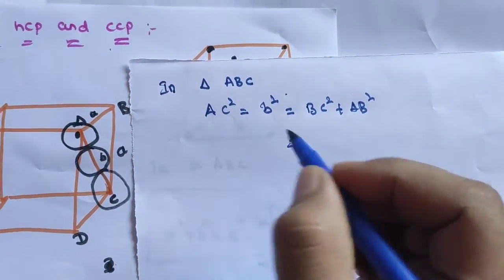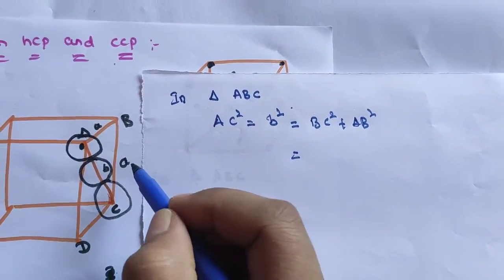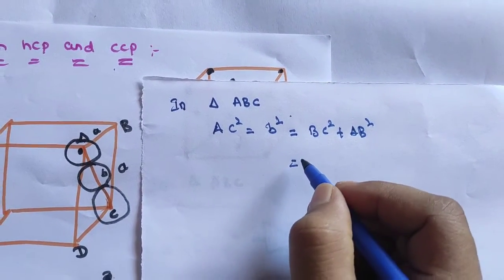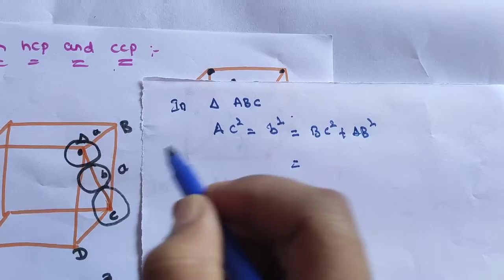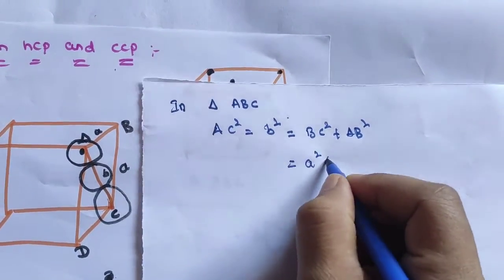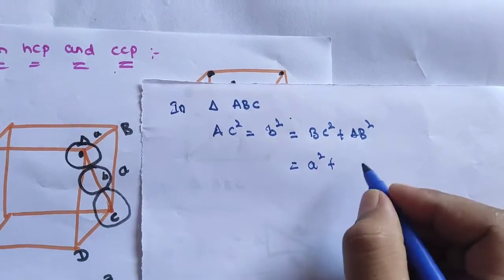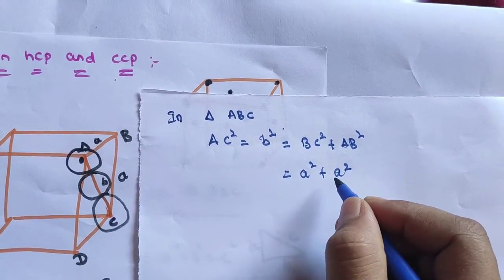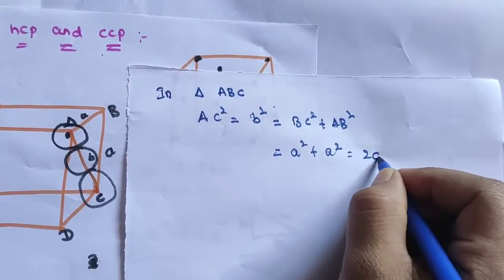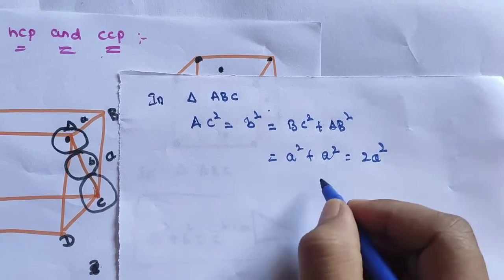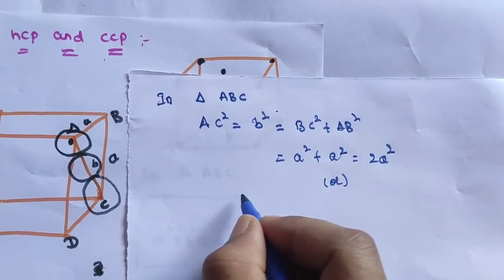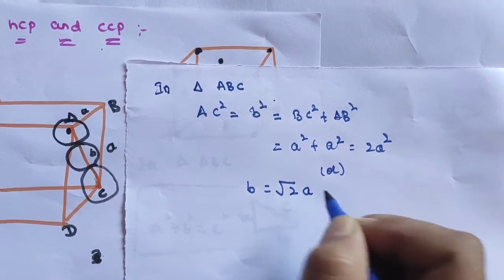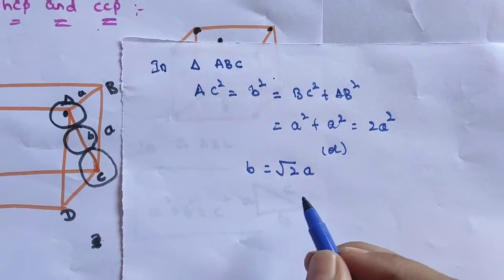We have already known that the edge length should be taken as A. So BC square indicates A square, and AB square indicates A square. So A square plus A square is equal to 2A square, or you can take B is equal to root 2 A.